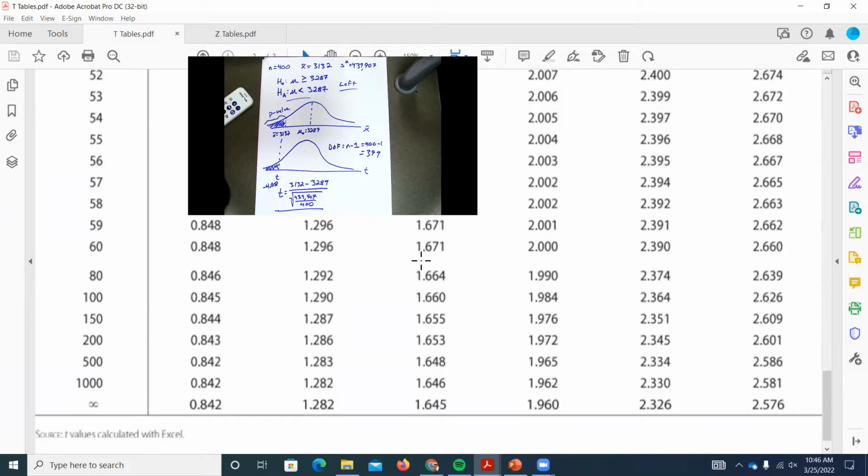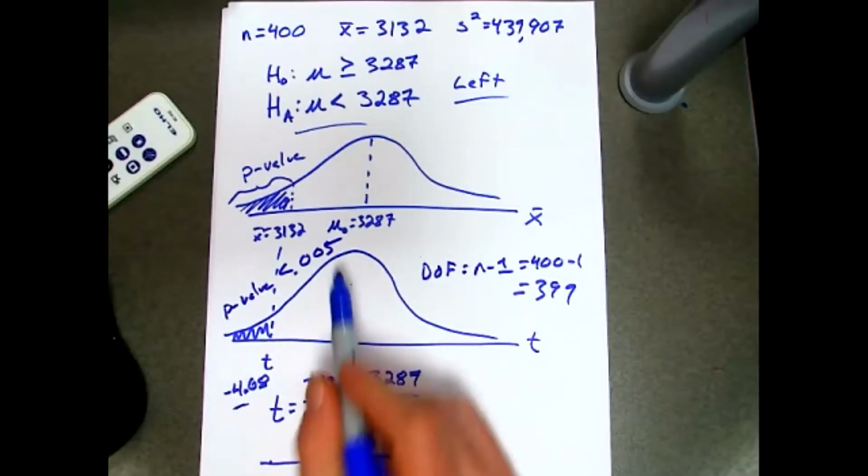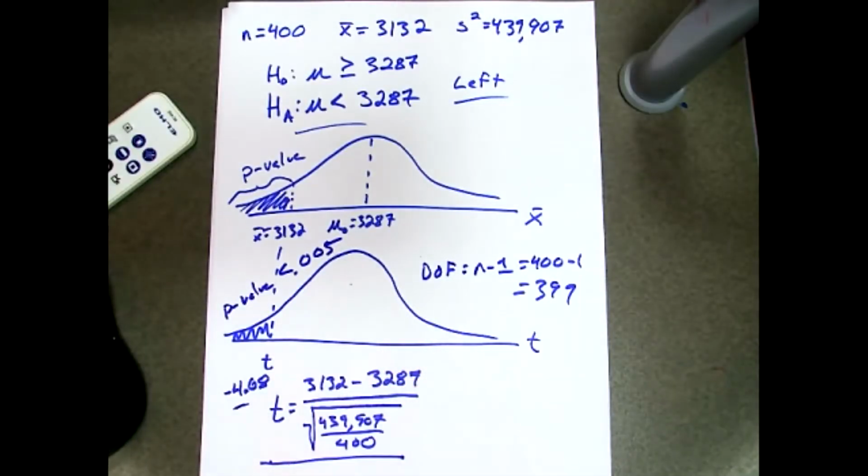It's going to be even closer to 0, or less than 0.005. Now, I was dealing with negative values, so I could still use this table, but I was just ignoring the negative sign. If this is true about the right side of the distribution, it'll also be true about the left. It's symmetric. So all I can really say here is that my p-value is less than 0.005. That's all I can say.